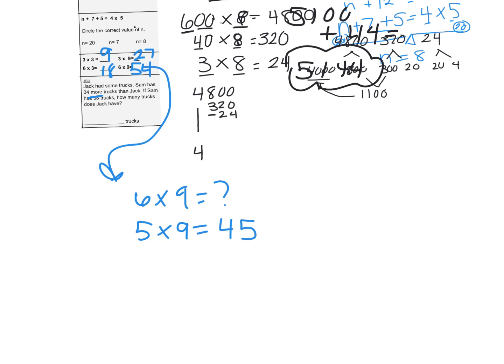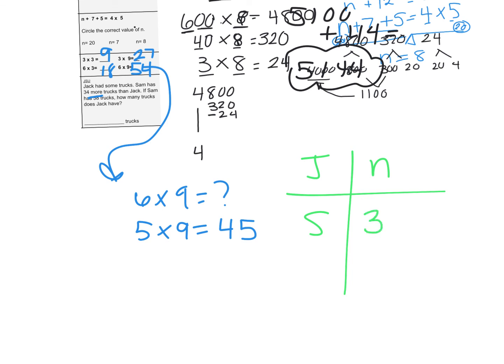So I'm going to use that T-chart method again, and here's my little T-chart. So here's Jack and here's Sam. Jack has some trucks. I don't know what that is, so I could call that a question mark, or I can call it an N. That's my sum. I don't know what it's going to be. Sam has 34 more than Jack.